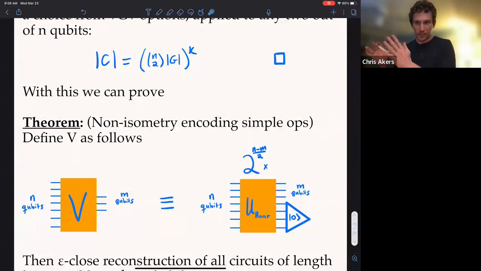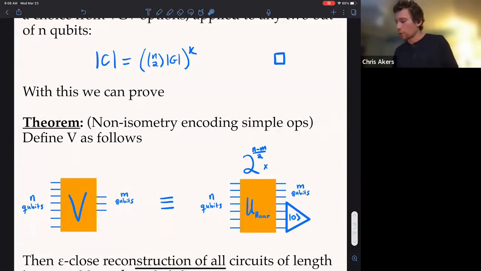Post-selection is mathematically easy to do: you just act a bra 0. Physically, it would be difficult to implement in a lab, but we're not trying to do it in a lab, so it's okay. And when you act this bra 0 to post-select, you end up with a state on m qubits, but it won't necessarily be normalized, not even on average.